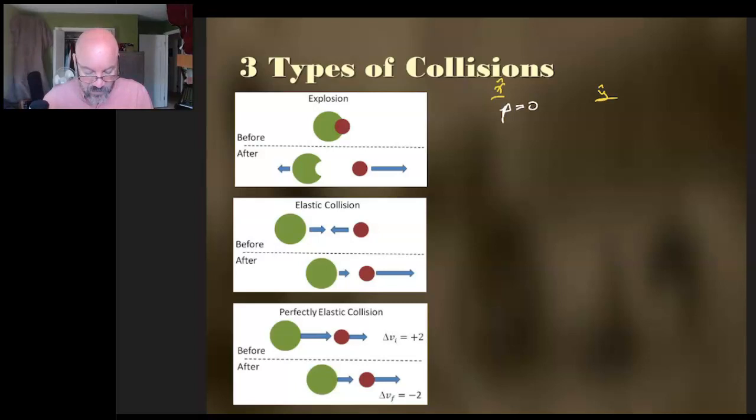In the case of an explosion with just one-dimensional behavior, if we label these things 1 and 2, we end up with M1 V1 plus M2 V2 equal to 0. That becomes our defining relationship for how to relate what's happening with particle 1 to particle 2.